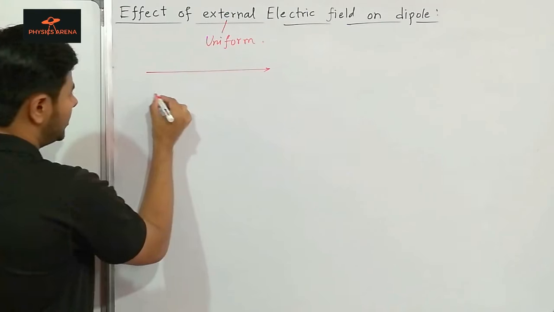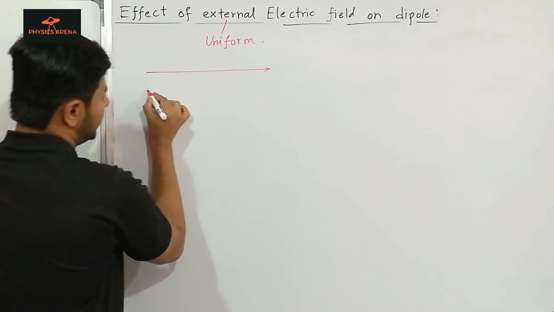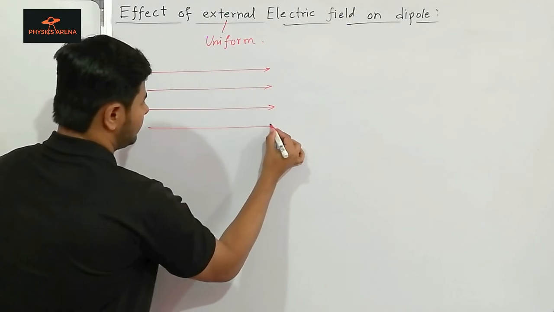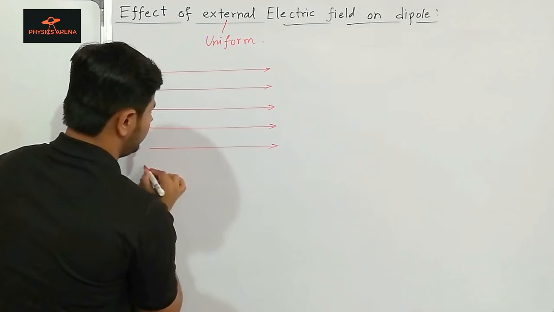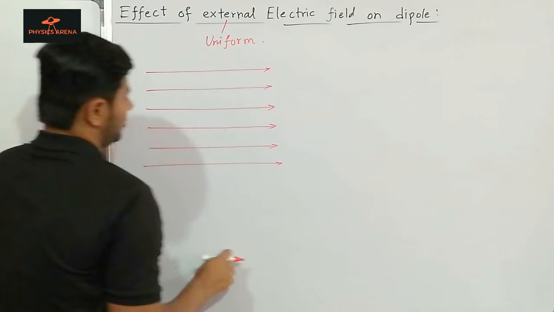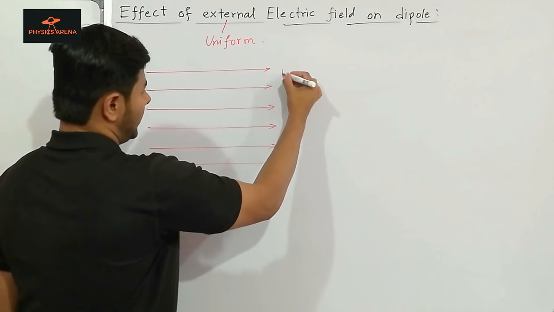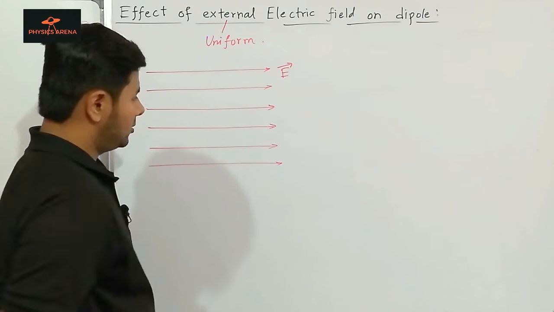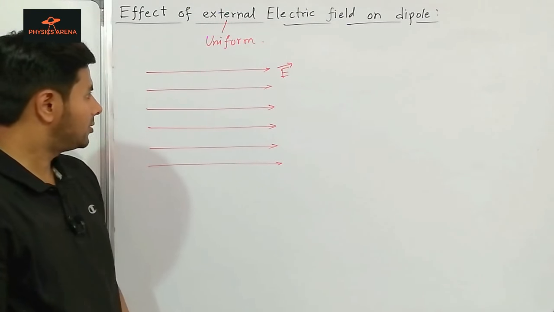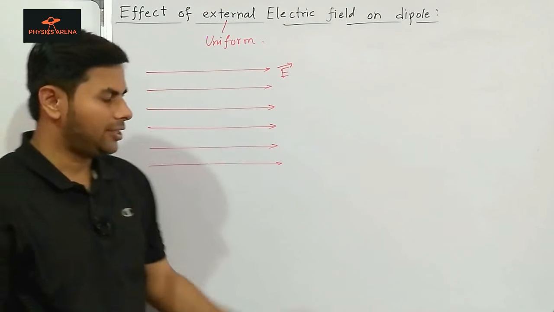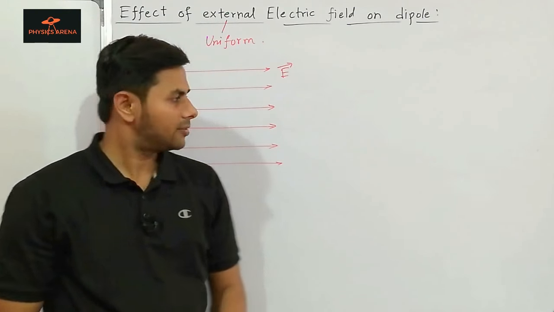So we draw these equidistant parallel lines. They are equidistant and parallel to each other, and they represent the uniform electric field. So the value of this field, the magnitude, is the same at each and every point of space.